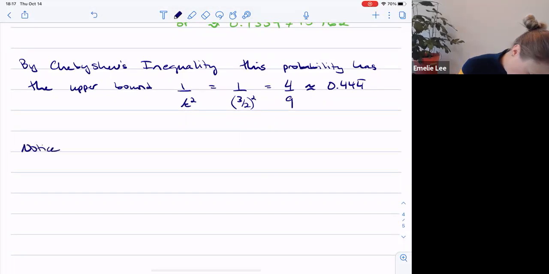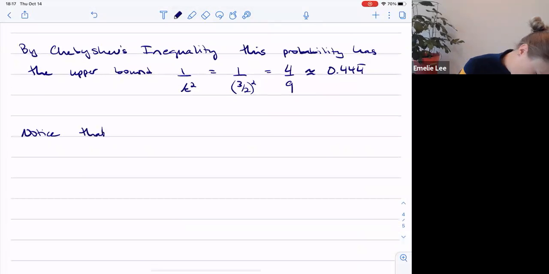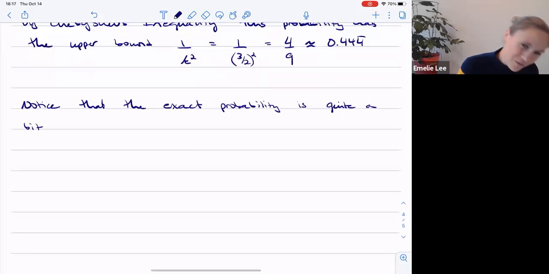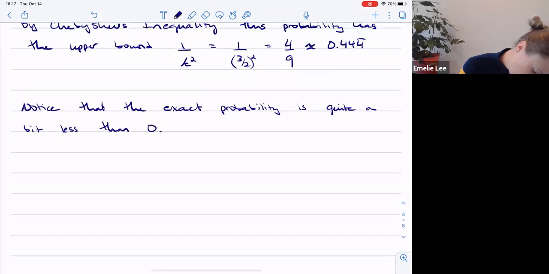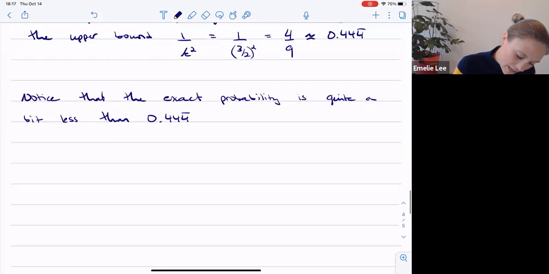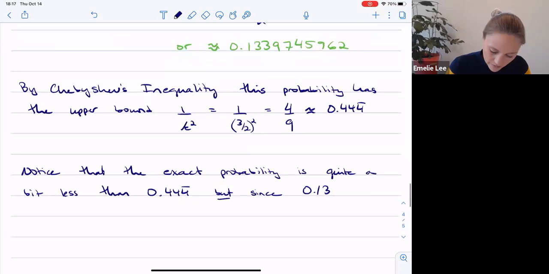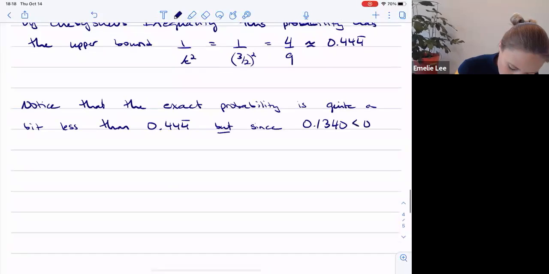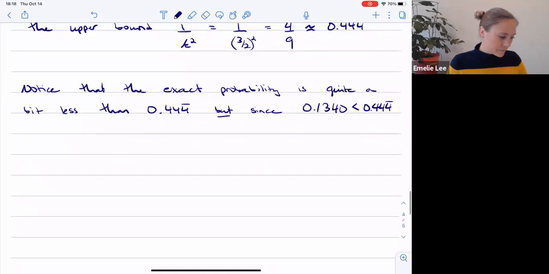Okay, and so notice that the exact probability is quite a bit less, very technical, quite a bit less than 0.444 repeating, but since 0.13 all round to 3 decimal places, or 4, I guess, is less than 0.444 repeating, 1 over k squared is indeed an upper bound, right?